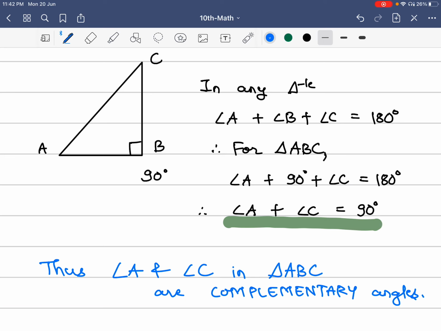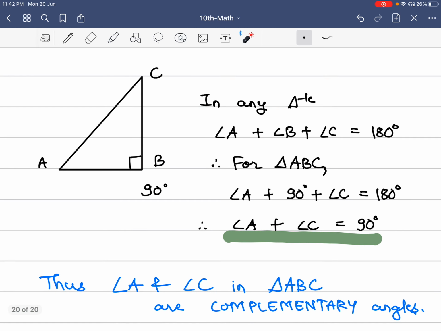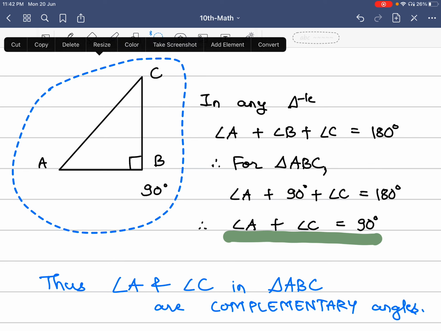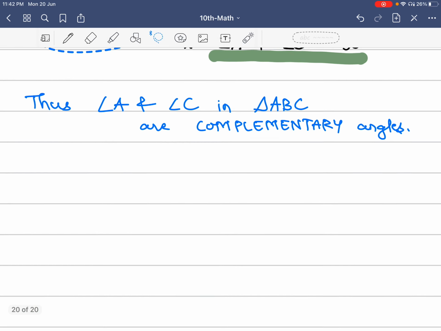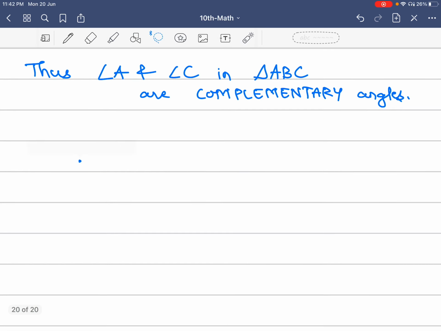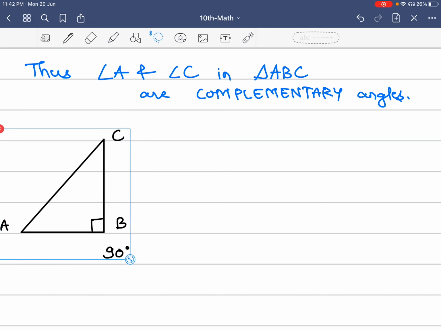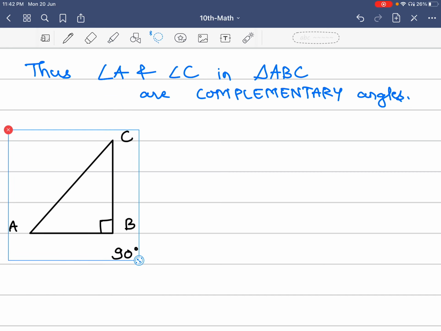Now we will discuss the trigonometric ratios of these two complementary angles, angle A and angle C. For that I am going to make a copy of this and bring it down. So these are my complementary angles, angle A and angle C.